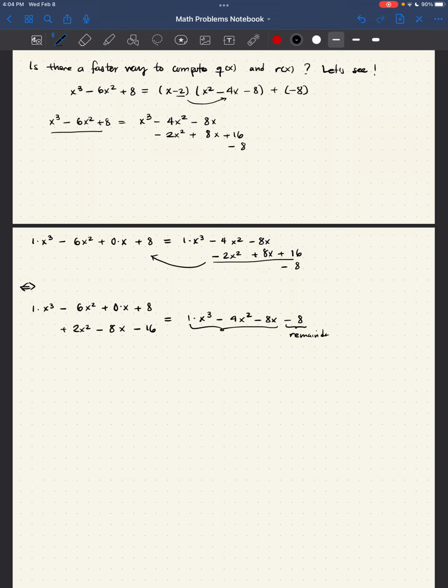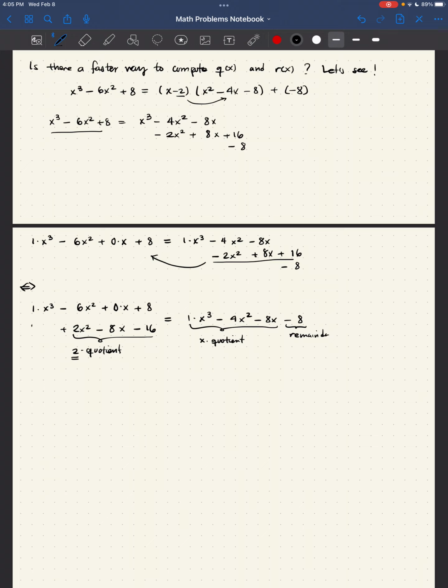This expression that we have here is x times the quotient. The expression that we have here is 2 times the quotient. So being 2 the number that we're interested in evaluating. So look, this suggests the following method.